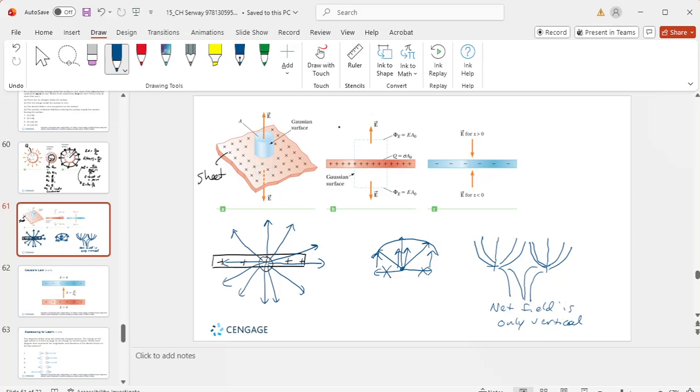Now, how can I apply Gauss's law here? What you do is you draw a Gaussian cylinder through the sheet. And that's what we have right here. This is a side view of this cylinder.